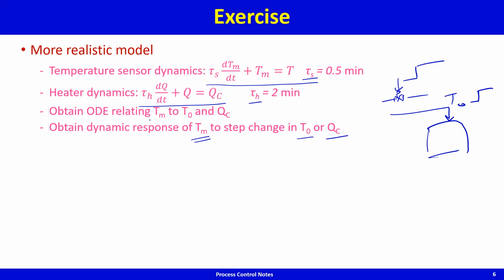Obtain the ODE relating Tm to T naught and QC. Obtain the dynamic response of Tm to a step change in T naught or QC, and do this for a P controller. Let's not do this for a P controller only. So this is the exercise that you're supposed to do. Please do it immediately after watching this lecture or as quickly as possible, and you will see that for a P controller with 3 lags you will have a third order characteristic equation, and there are going to be 3 roots, depending on what Kc is.